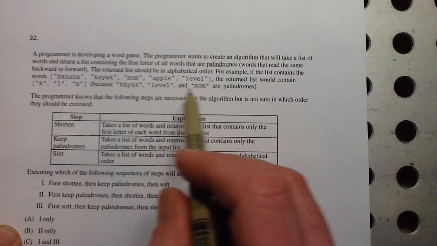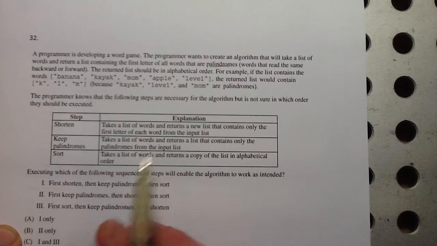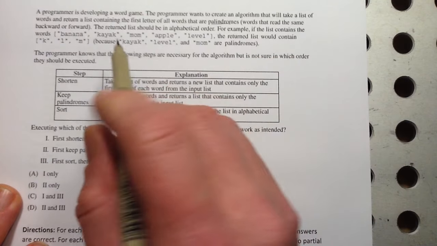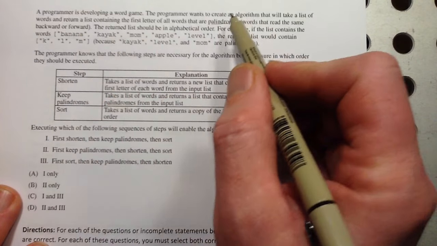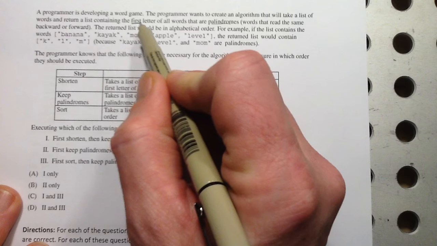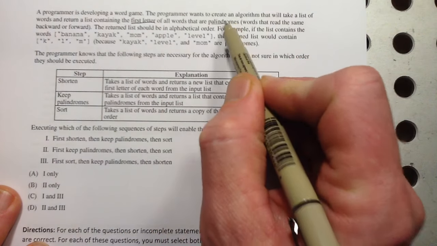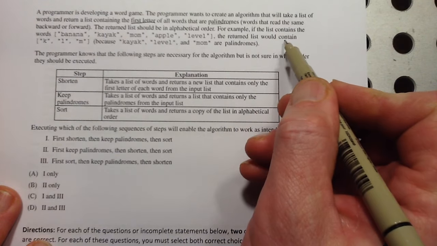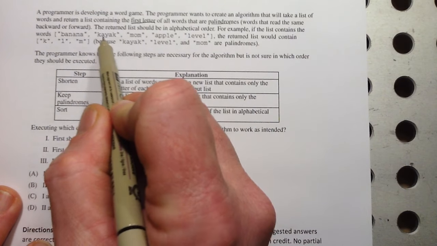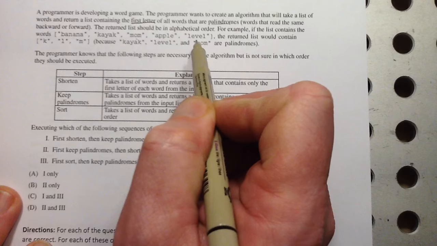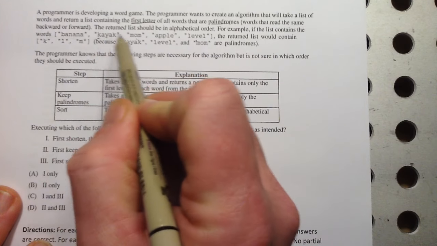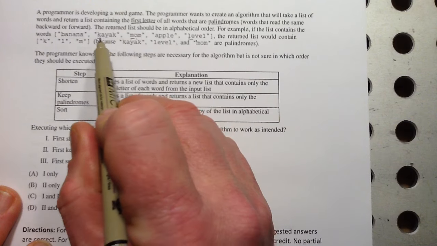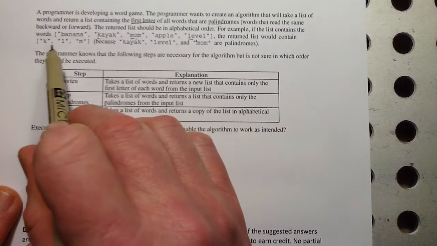I guess it says that later in the question here. The returned list is of the first letter of all words that are palindromes. Okay, so the returned list here, since kayak, mom, and level are palindromes, it would return K, M, and L in alphabetical order, K, L, M.